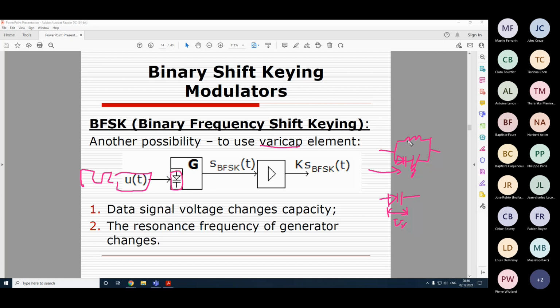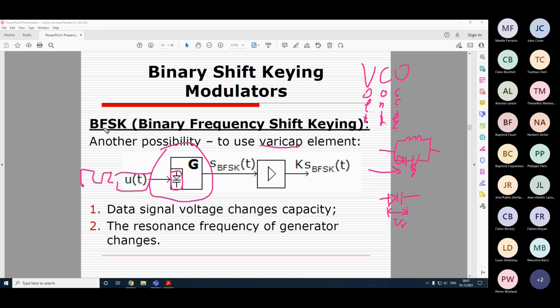We add this varicap into our generator, and this generator itself becomes the frequency shift keying modulator. We only need to amplify the signal and that's it. This is actually called a VCO, voltage controlled oscillator.